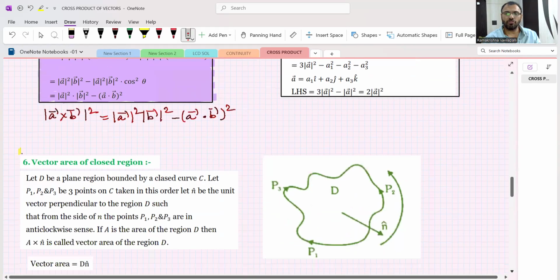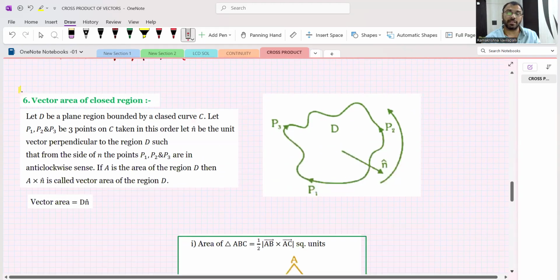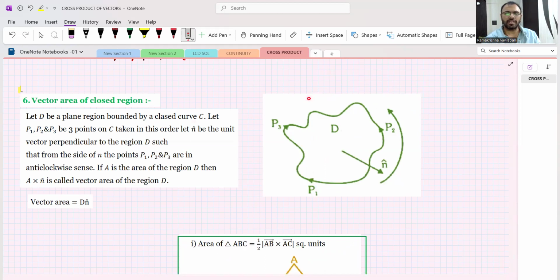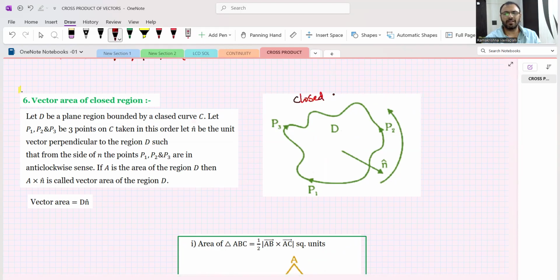Now, how do we find the vector area of a closed region? Very simple. See, this is a closed region. You take any closed curve.